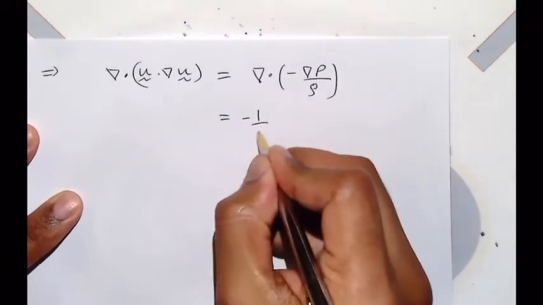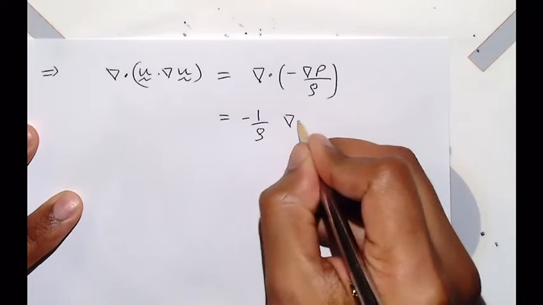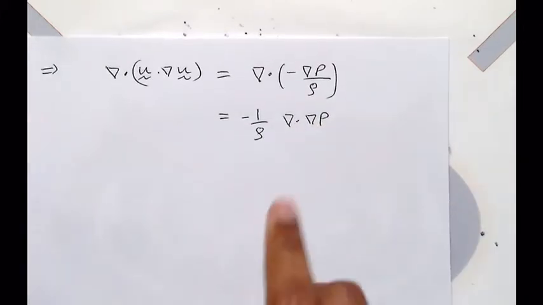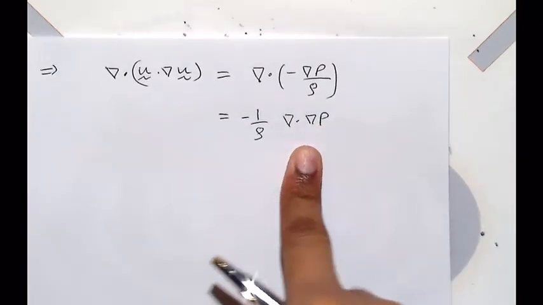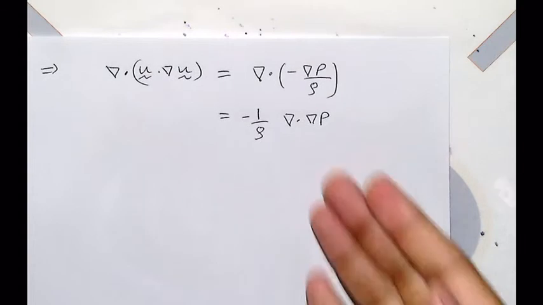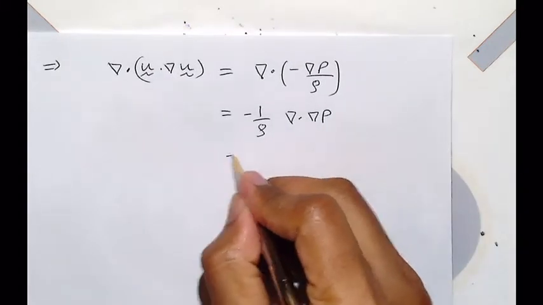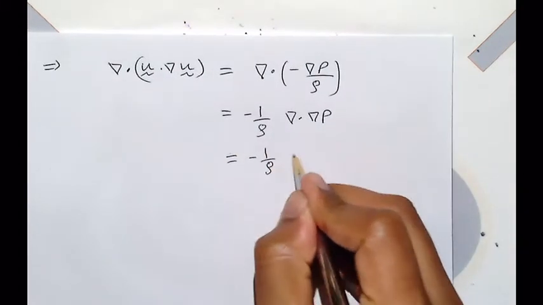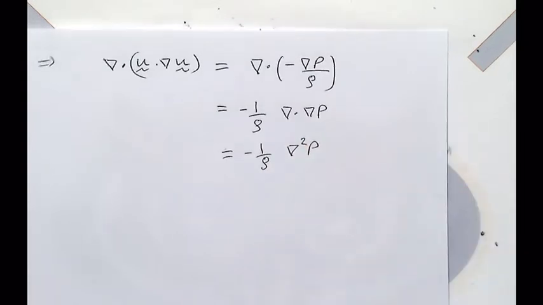So we have minus 1 over rho nabla dot nabla p. What is nabla dot nabla p? There's a simpler form we can write it as. It's called the Laplacian, nabla squared p.